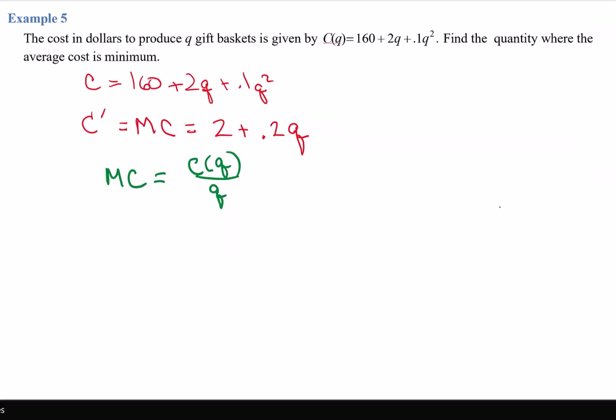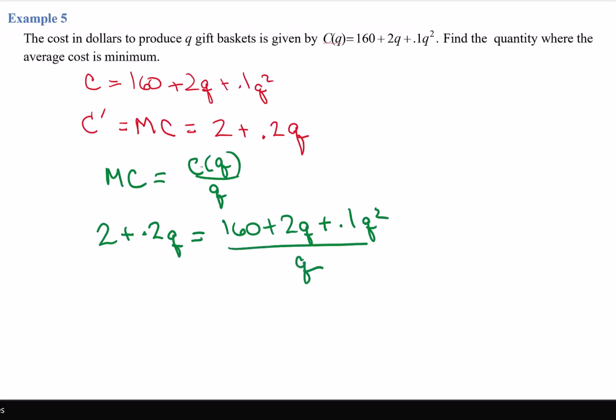I have marginal cost, which equals 2 plus 0.2 Q, is equal to C of Q, 160 plus 2Q plus 0.1 Q squared, divided by Q. And what we want to do is find the quantity. So we're trying to find Q when this occurs.